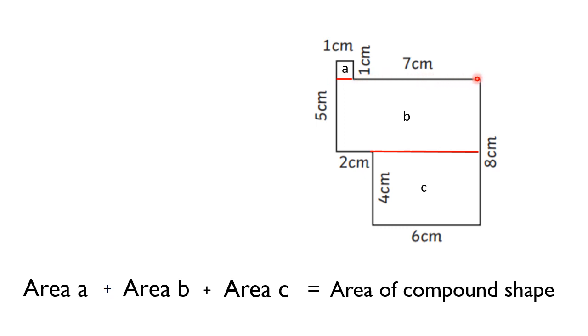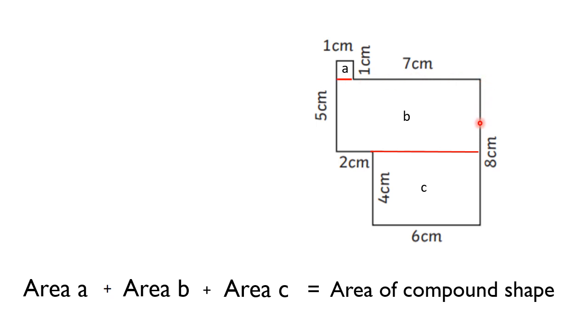We know that the length of this rectangle is 8 centimetres. We can also work it out on the other side because we know that this length is 6 centimetres. And then we've been given this section here, and this length is 2 centimetres. And we know that 6 plus 2 is 8. So there was 2 ways of working out the length of this rectangle.